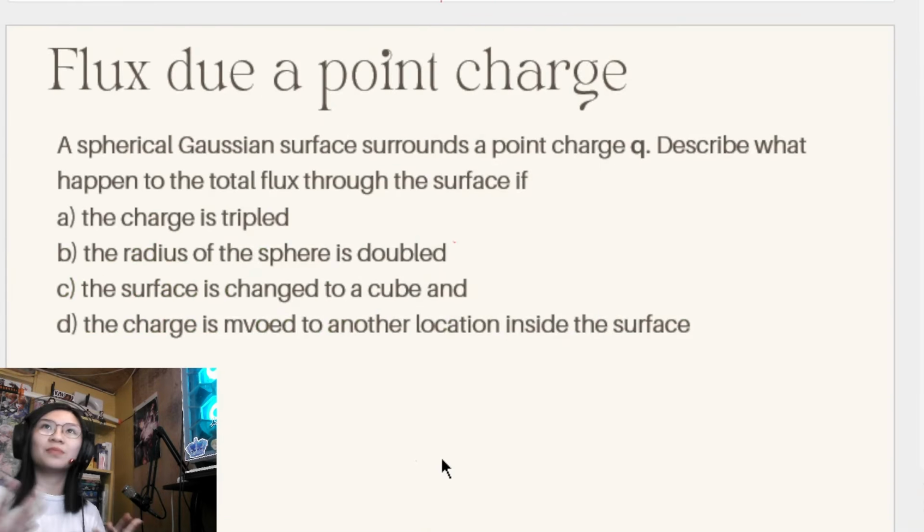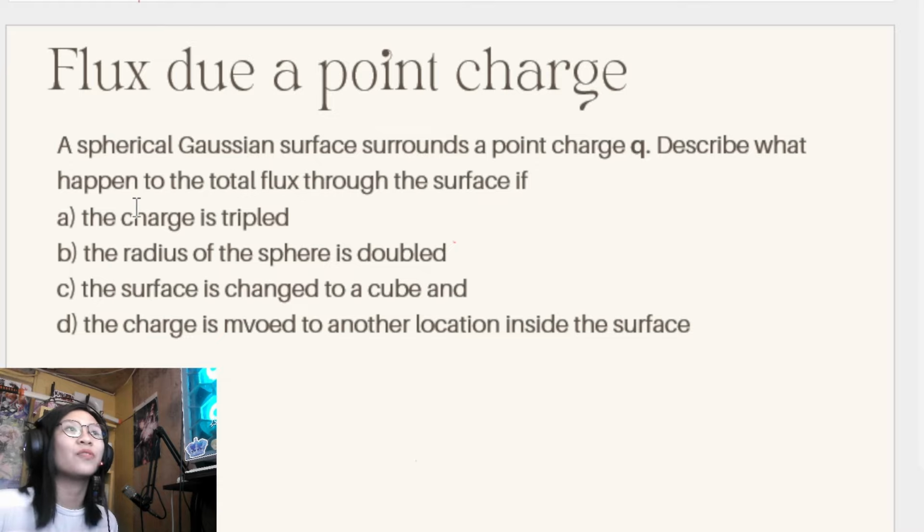Okay, so now let's have these situations. Letter A. A spherical Gaussian surface is a sphere that surrounds a point charge Q, a positive Q. Describe what happens to the total flux through the surface if ang charge nimo is tripled.